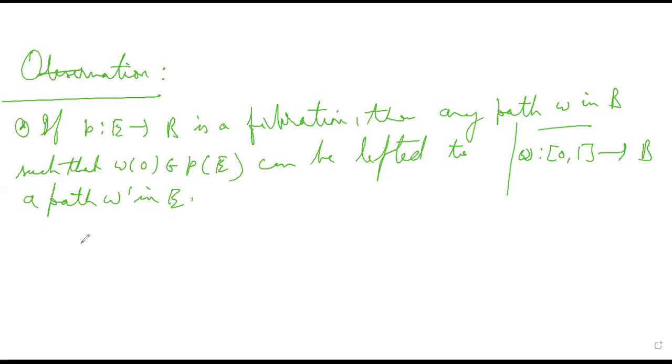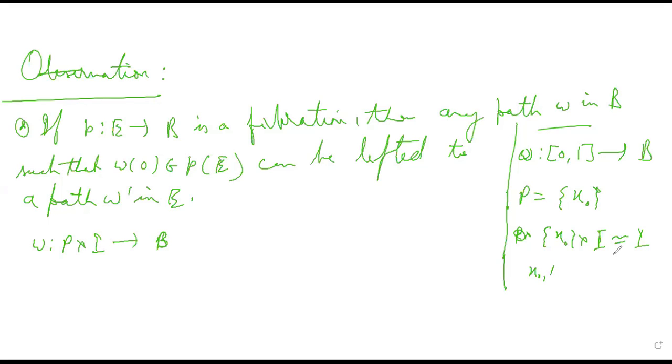Right, so how is it? Omega is a map from here to here. So actually what you can do is consider X to be a singleton, and you can treat omega to be a map from X cross I to B. Because this singleton X naught cross I is of course homeomorphic to I, this X naught comma t you can consider equivalent to t.